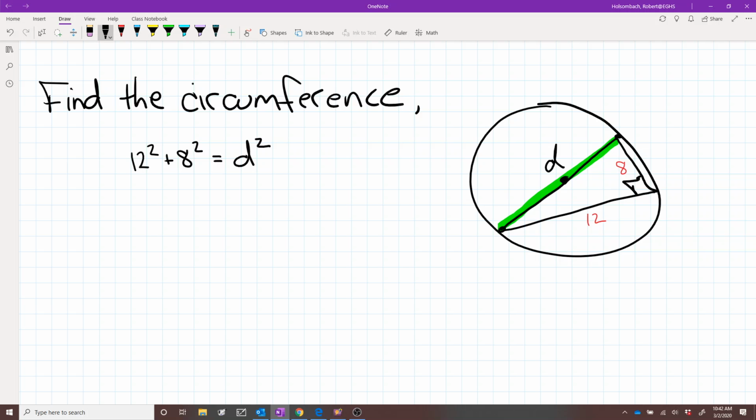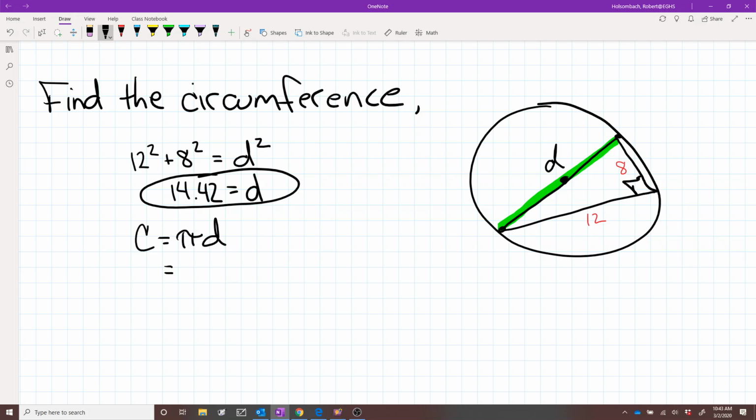So take your calculator. Take 12 squared, push plus 8 squared, and hit equals. Does it say 208? Now just push the square root button. So 14.42 equals your diameter. Now, if circumference equals pi times diameter, the diameter is still sitting on your calculator, isn't it?